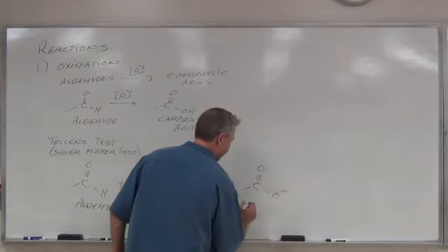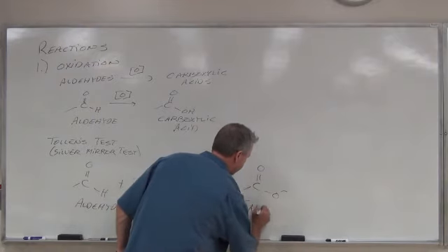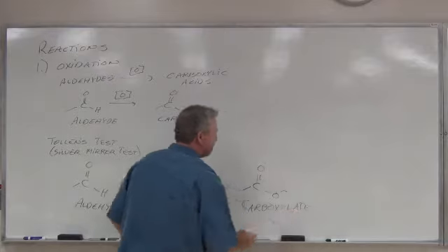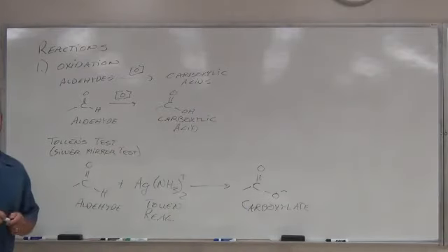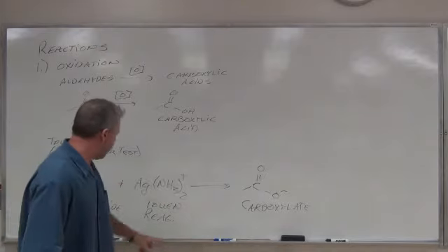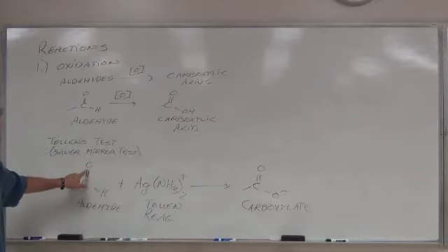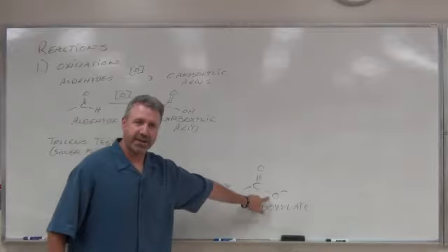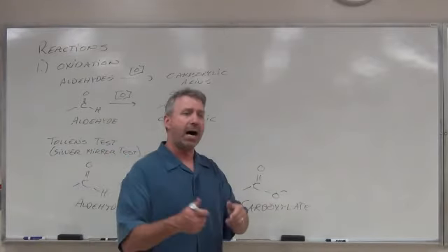We'll see that later. A carboxylate is nothing more than the carboxylic acid without its H. I just didn't want to throw too much unknown stuff at you. If something oxidizes, notice here our carbon has 2 bonds to oxygen, 1 bond to hydrogen. Here it's got 3 bonds to oxygen, no bonds to hydrogen: oxidation.